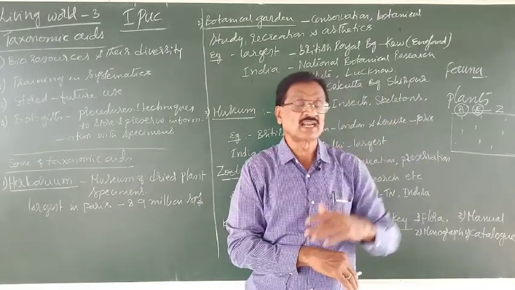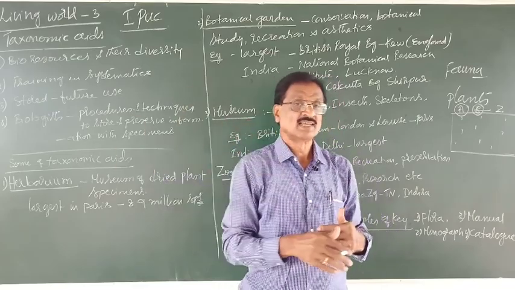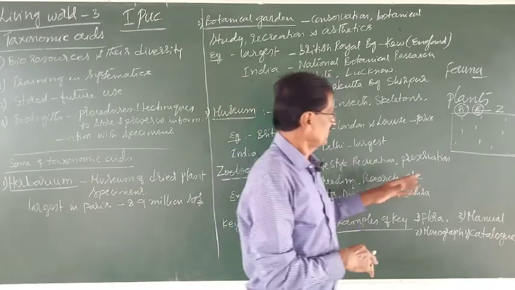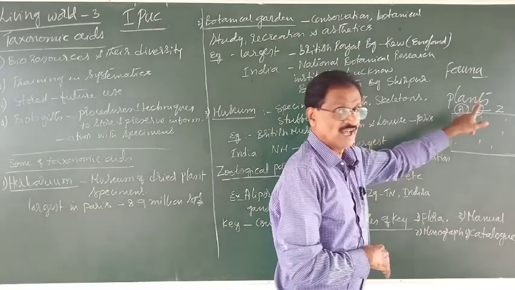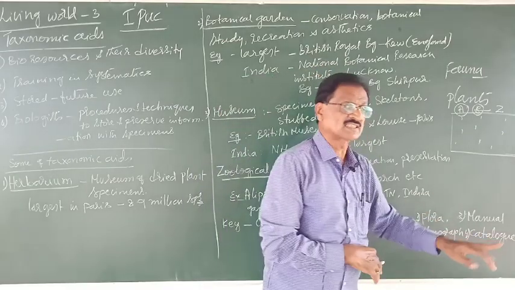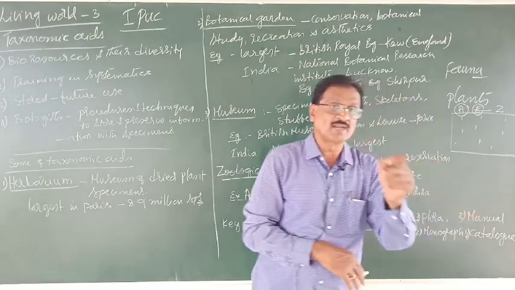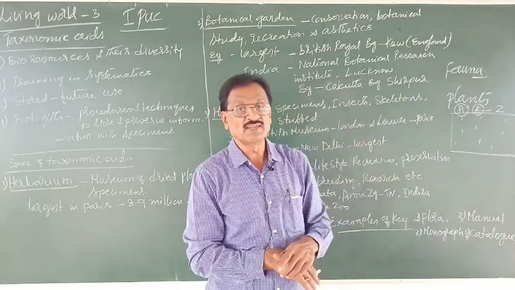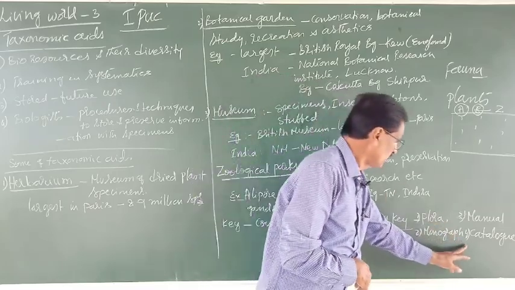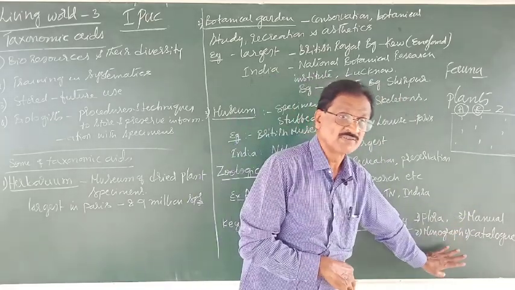If you go through the catalog, you will get the information where it is and what you have to get. If you require the information for species A or B or C, then you have to go through the catalogs, because catalog contains several manuals. All are indicated by some code. Based upon that, you can get whatever information you want by going through this catalog. These are all the examples of key.